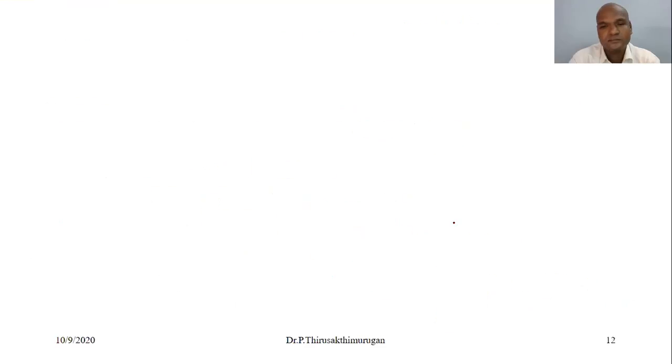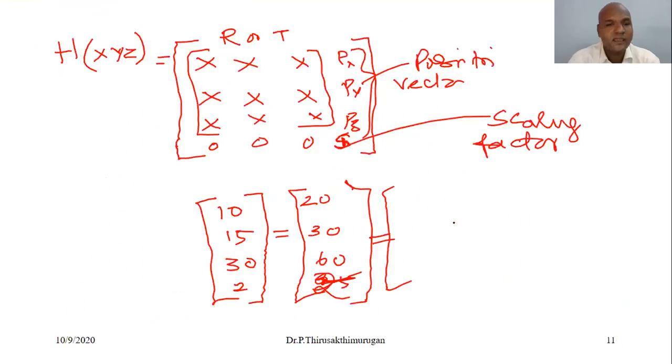In the homogeneous matrix, this 3 by 3 is our rotational matrix. This is Px, Py, Pz, the translational points along X, Y, Z, right? A, B, C.